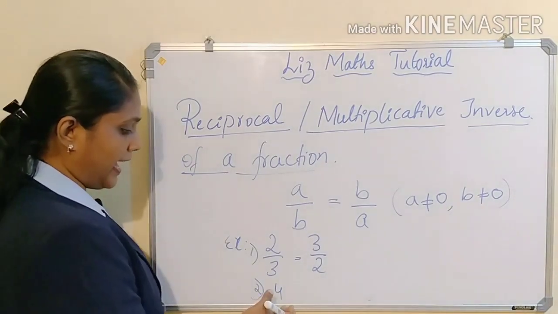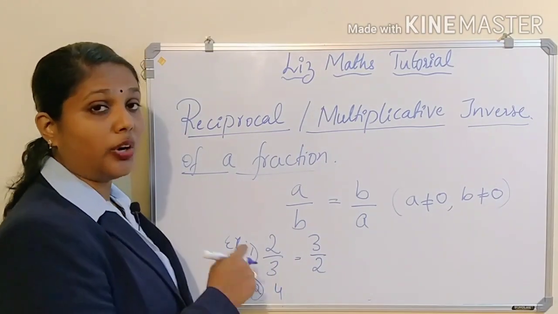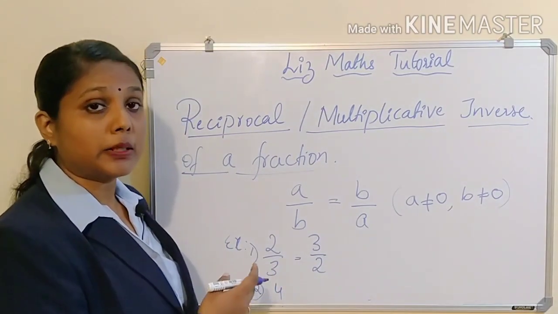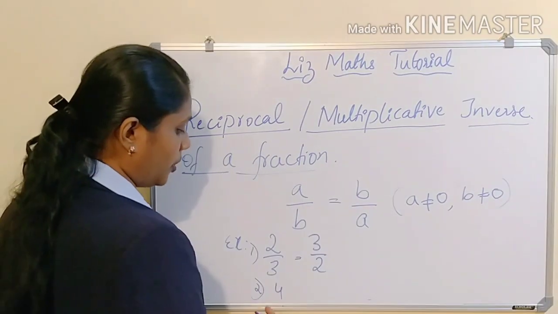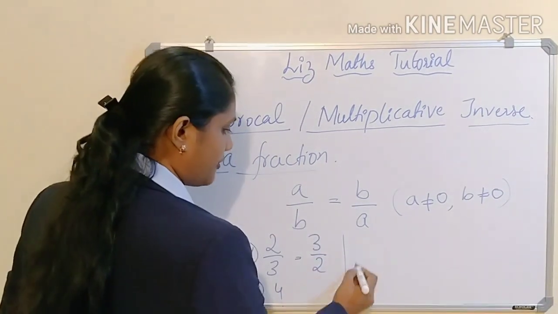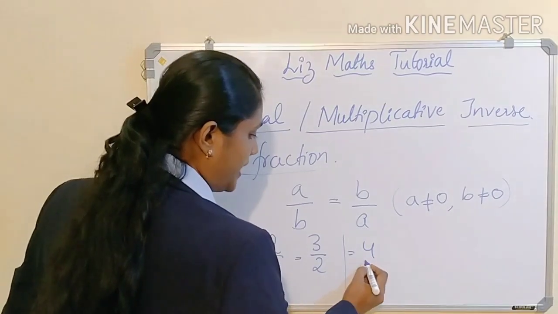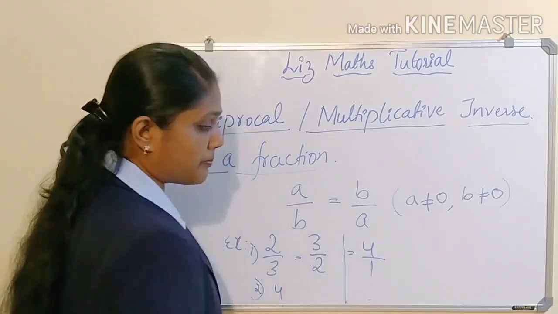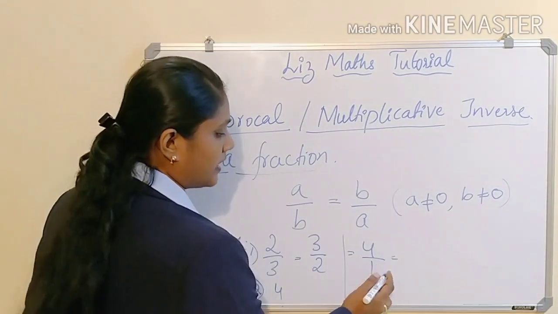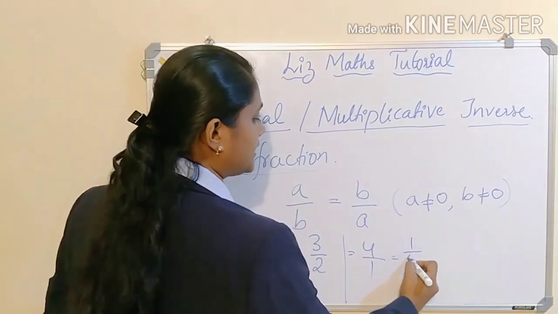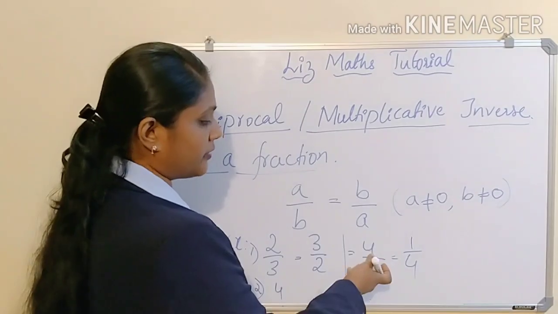See, when you have a single digit here, how do you go about writing the multiplicative inverse or reciprocal of that? I've told you, if the single digit 4 is there and nothing is given in the denominator, that represents 1, isn't it? So how will you write the reciprocal? You have to write it as 1 by 4, the reverse of this.